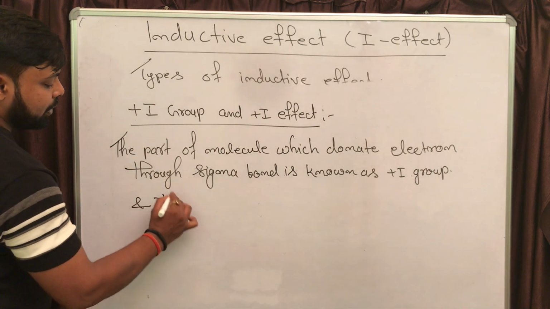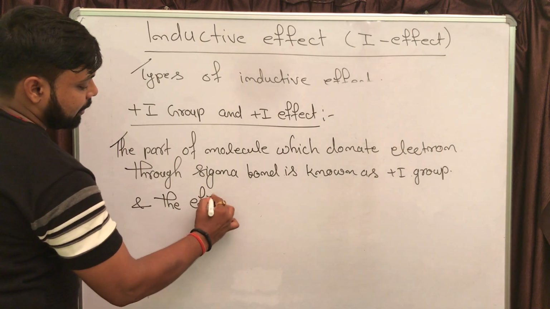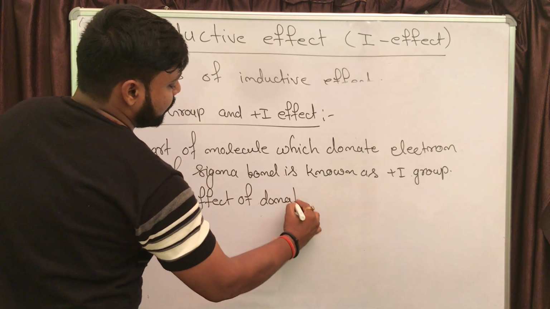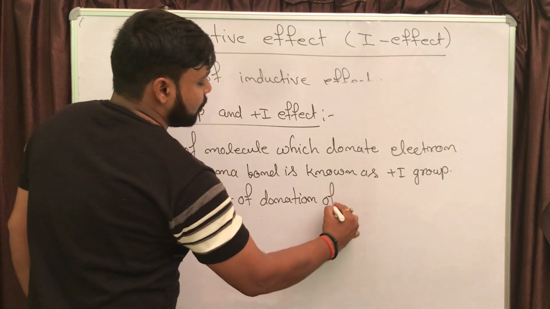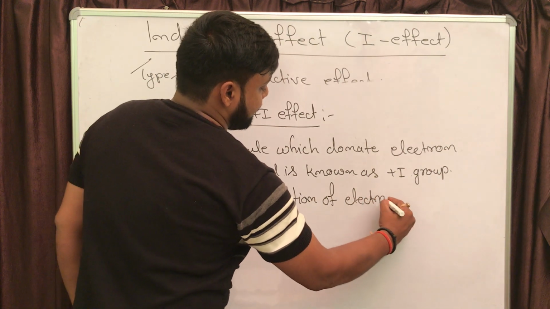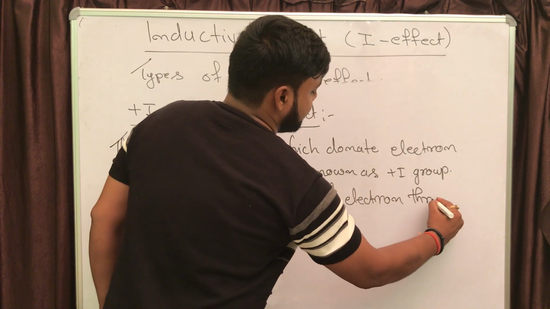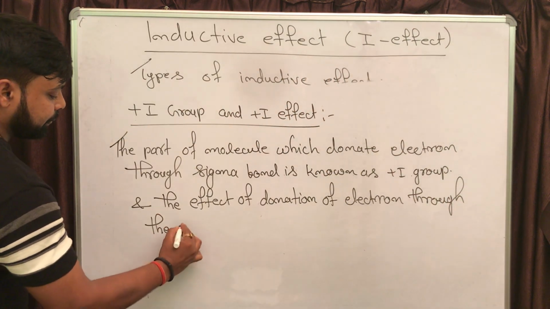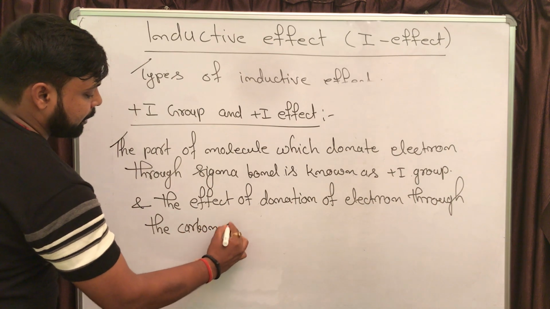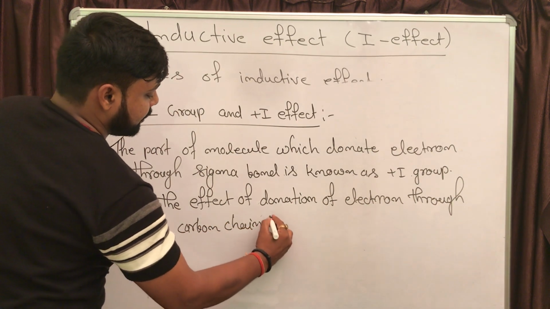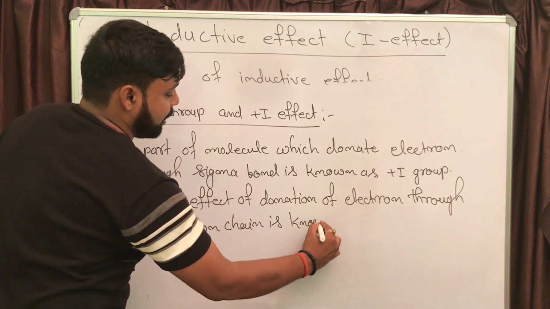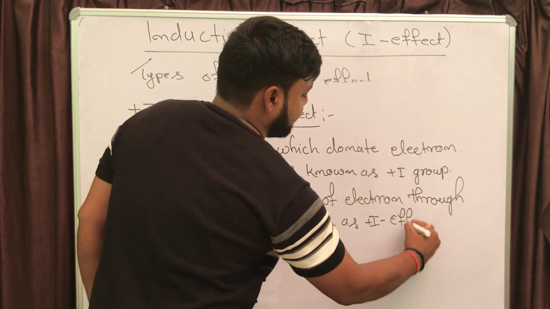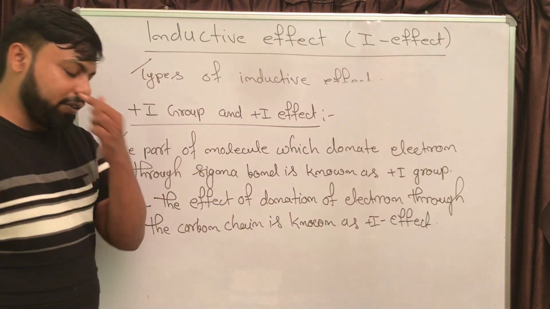And the effect of donation of electron through the carbon chain is known as plus I effect, right? That is known as plus I effect.